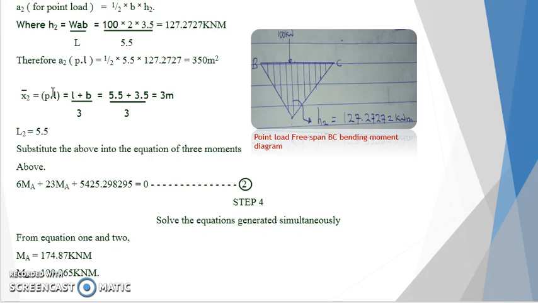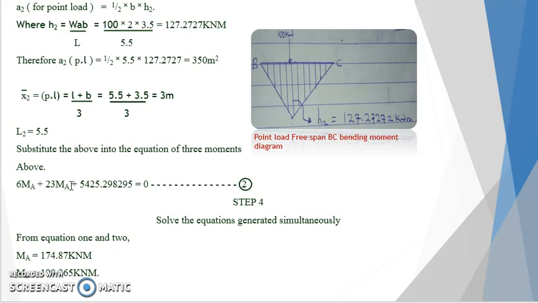Now for the centroidal distance of this shape, you have L plus B over 3, the 5.5 plus 3, where the length is still 5.5. Substitute the above into the equation of three moments that we generated.